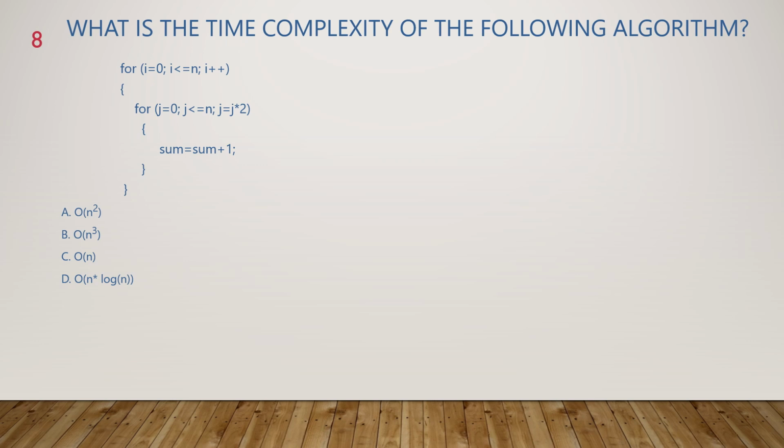Before answering the question, we need to compute each operation. In the first for loop, these two loops are independent, so the running time of this one is n plus 1, that means n times.